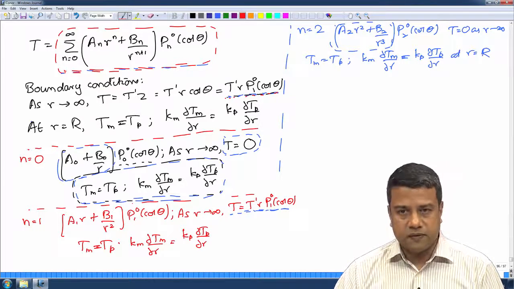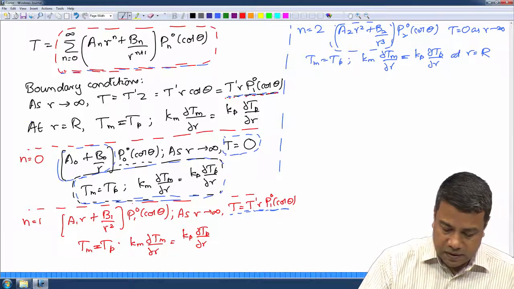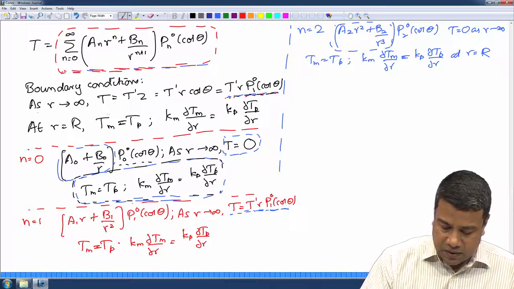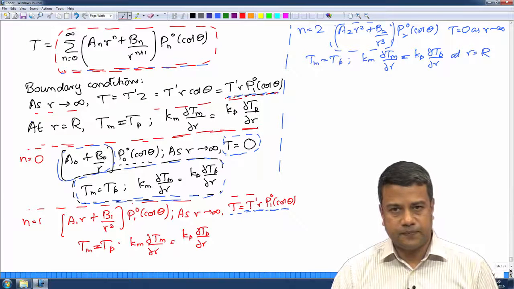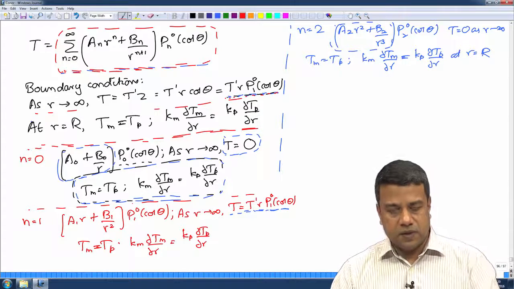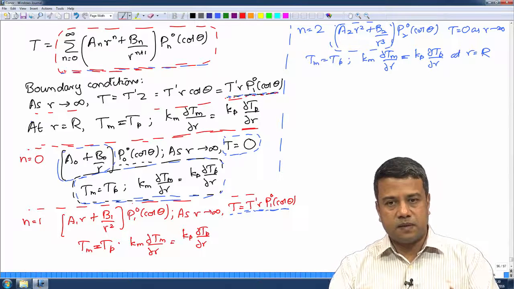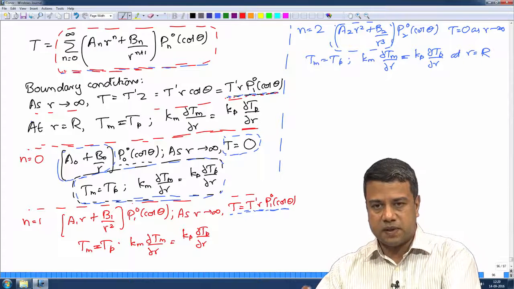Therefore, what I can do is to first of all expand the boundary conditions as well in the Legendre polynomial expansion. The equation is a superposition of different Legendre polynomials. In a similar manner, I can expand out the boundary conditions in the Legendre polynomial expansion as well.